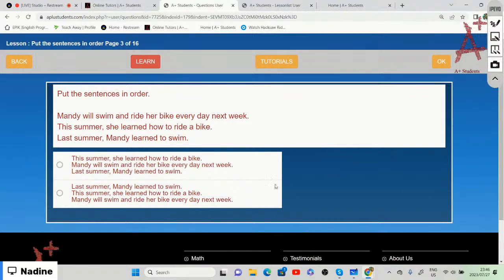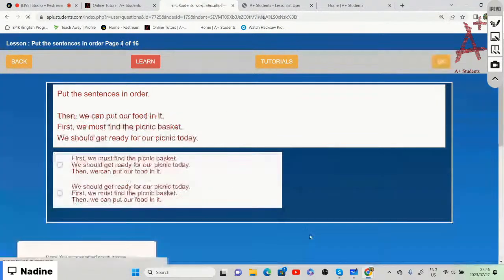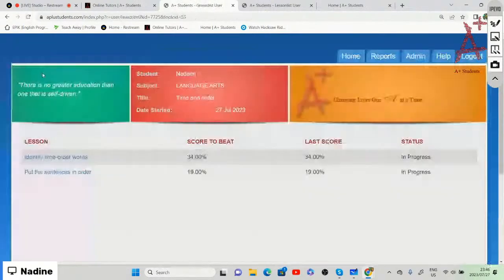All right, let's choose. We're going to just choose anyone, right? So we are choosing the bottom one. All right. So that is basically words that show time in order.